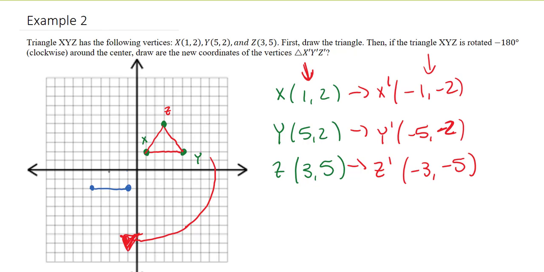So 1, 2, 3, and down 1, 2, 3, 4, 5. So this is Z prime, this is X prime, this is Y prime. So you can see how it looks when we rotate it -180 degrees, and that's our new coordinates right here.